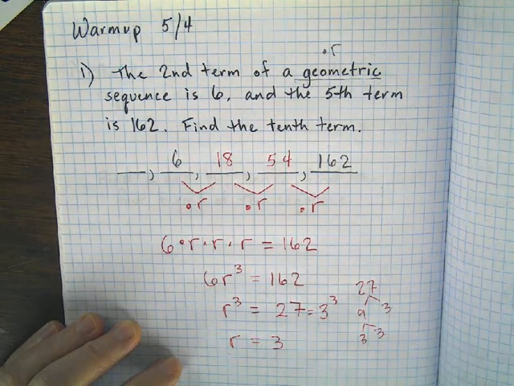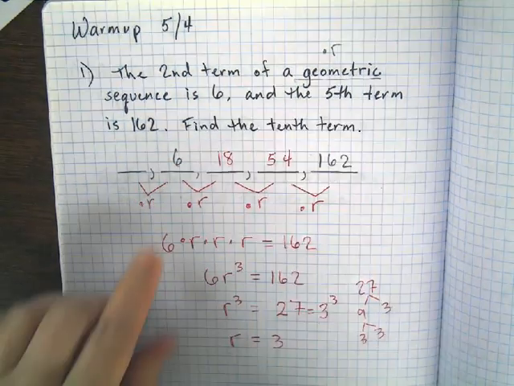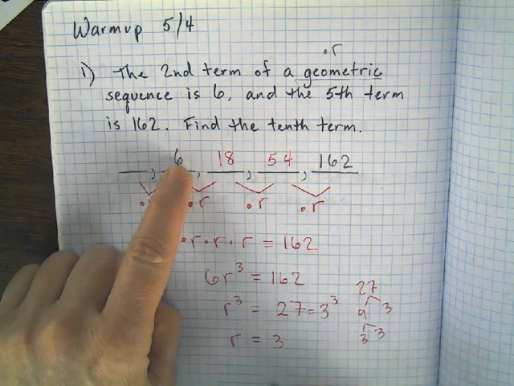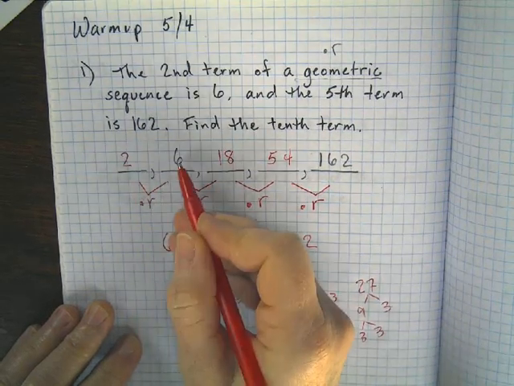So it checks. And then if I want to go backwards, instead of multiplying by r to go backwards, I would divide by r. So 6 divided by 3 would give me 2. So 2 times 3 is 6. 6 times 3 is 18.